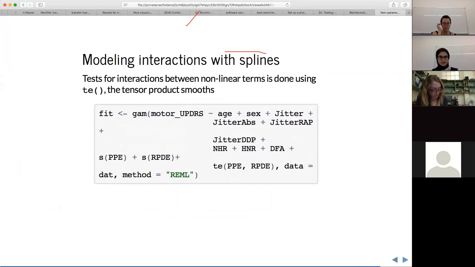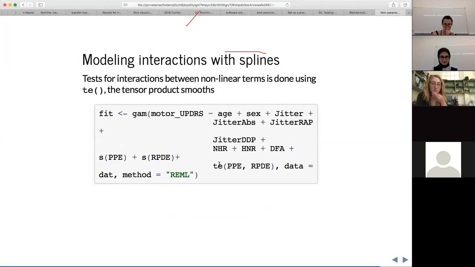Speaking of interactions, in a linear model, we would specify interactions by stars, for example, between x1 star x2, whereas for finding the interaction between nonlinear terms, we use tensor product splines, or tensor product smooths.